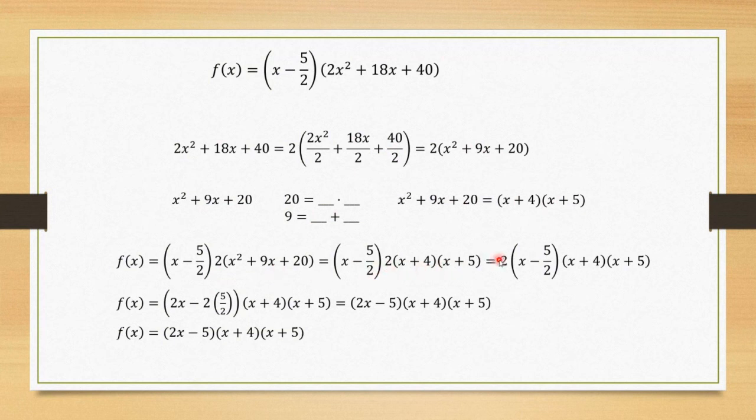I brought the 2 in front, and then as you could see, I distributed the 2 inside to get this. If you were to stop here or here, that would be fine. I did a few more steps. That's just the mathematician part of me. But again, if you get to here, that's all I care about.